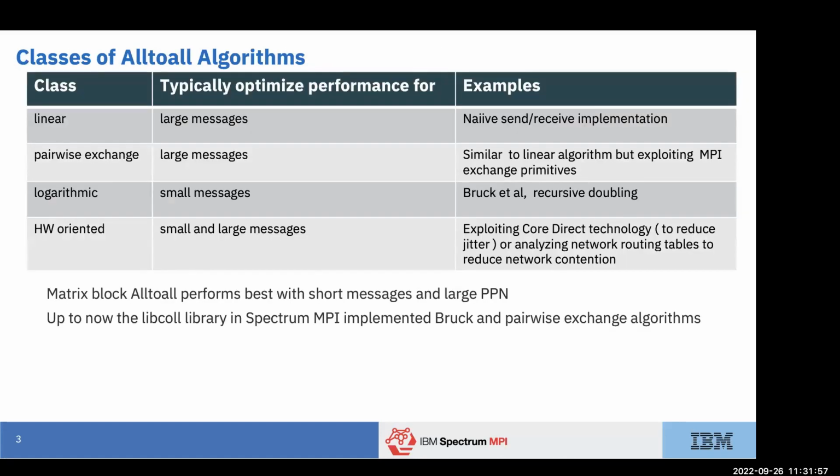If you look at the literature, you may find papers which talk about different types of algorithms, for instance, linear, pairwise exchange, logarithmic, and what we would call hardware-oriented. These types of algorithms usually target different message sizes. Linear and pairwise exchange are traditionally for large messages.